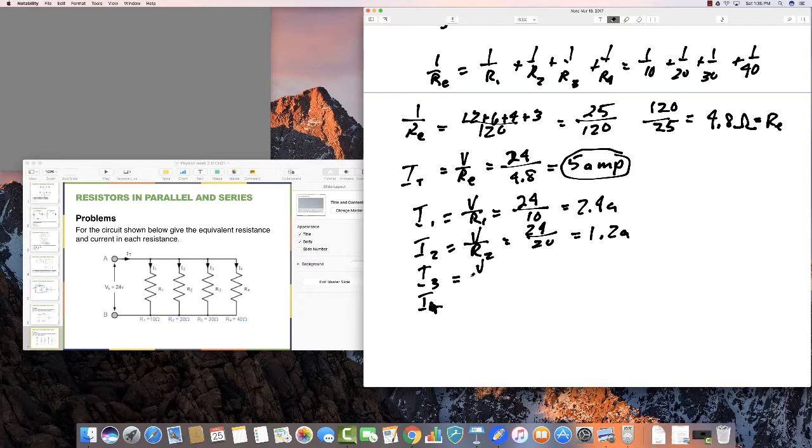I3 is V over R3, or 24 divided by 30, which is 0.8 amps. And I4 is V over R4, which is 24 divided by 40, which is 0.6 amps. Now if you add these up, there's 4.45, so the total is equal to 5.